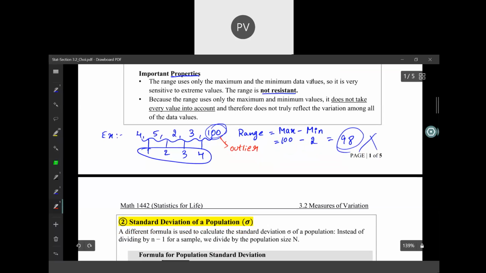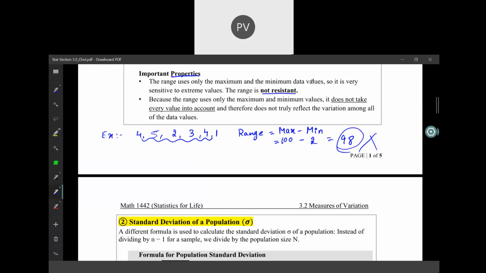And one more property is that I actually don't need all these values. To find the range, I do not need all the values in the data set.